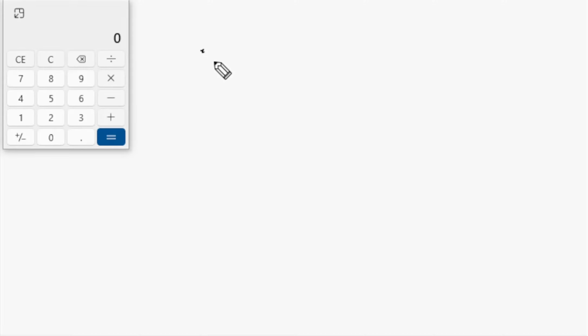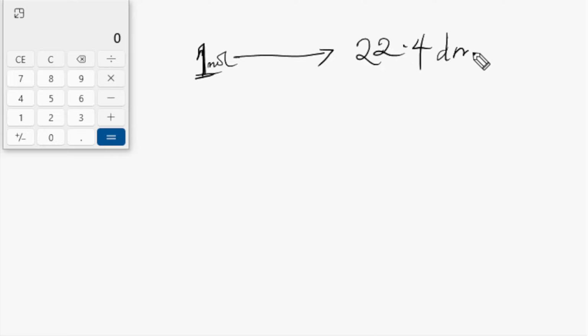To get the volume of 2.5 moles of oxygen, we need to understand that 1 mole of this gas, which is oxygen, has 22.4 dm cube. So 2.5 moles will now have what? And that's x here.